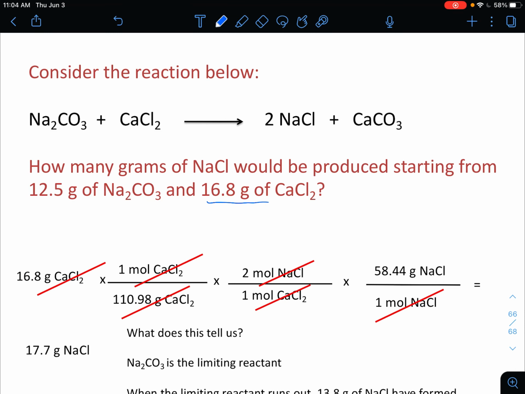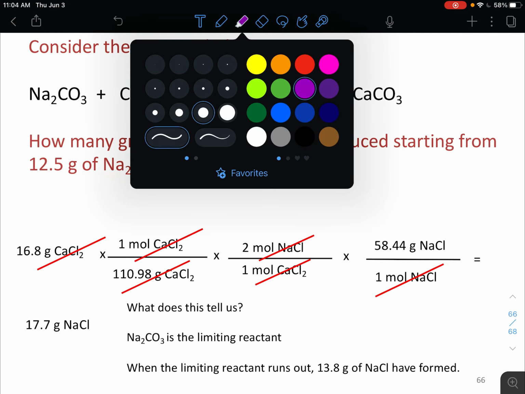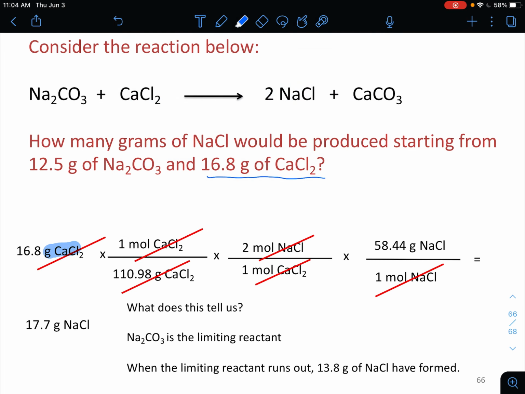So now we're using our 16.8 grams of calcium chloride. Okay, so same plan, grams of reactant to moles of reactant to moles of product to grams of product. We can verify that this cancels out as before. Grams of reactant cancels with grams of reactant, moles of reactant with moles of reactant.